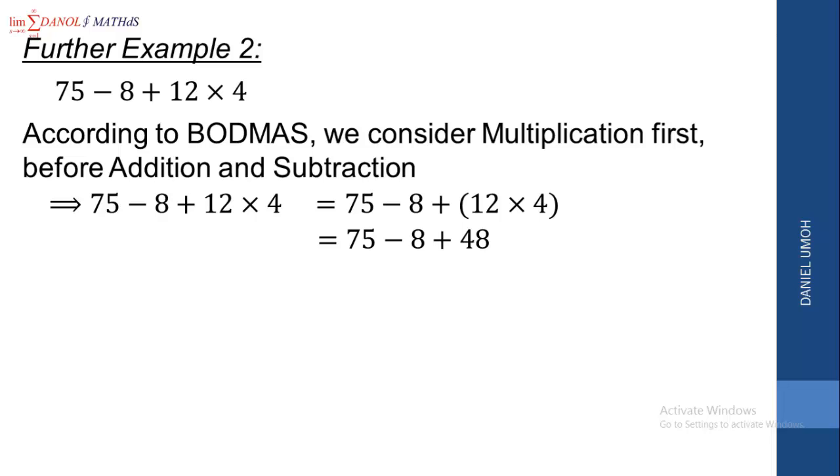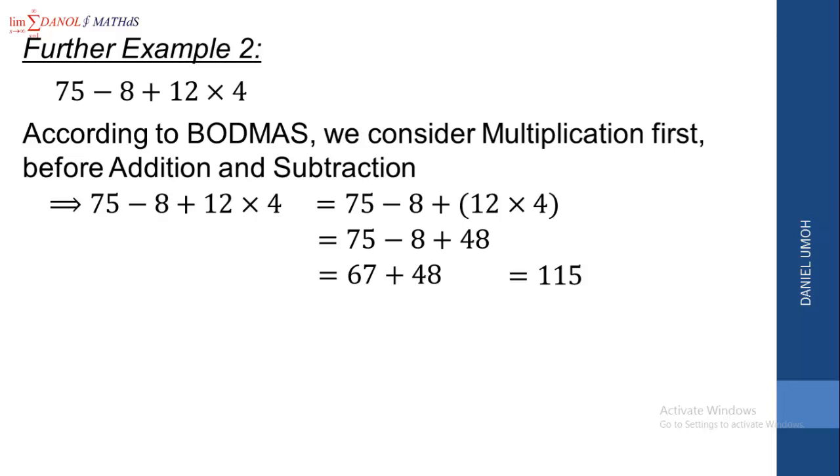And now, because what is now left is subtraction and addition, we told you that whenever our operations are made up of subtraction and addition, we begin from the left to the right. So what we're going to have is 75 minus 8, and that gives us 67. Then plus 48, and that gives us what? 115. It's as simple as that. I hope you understand what we just explained.